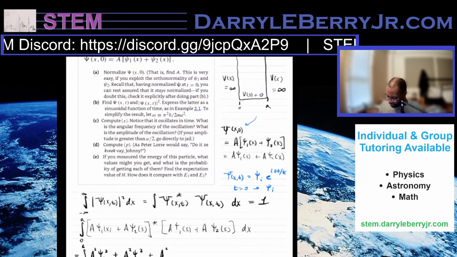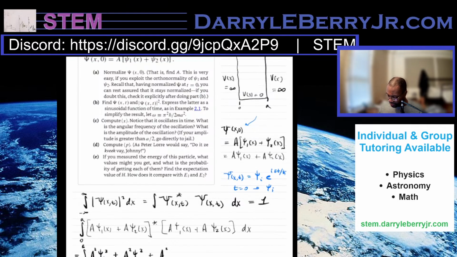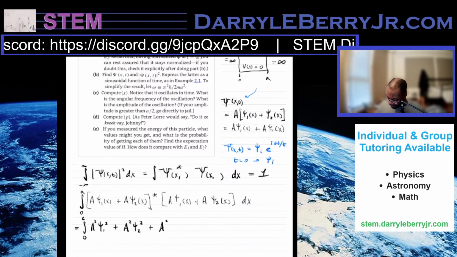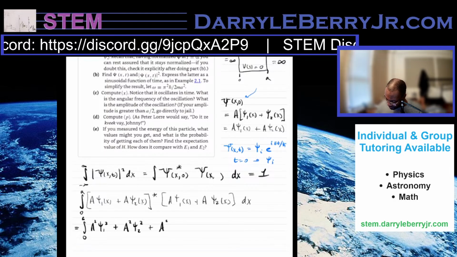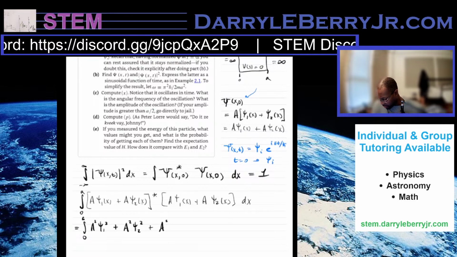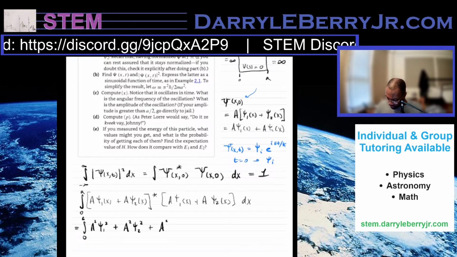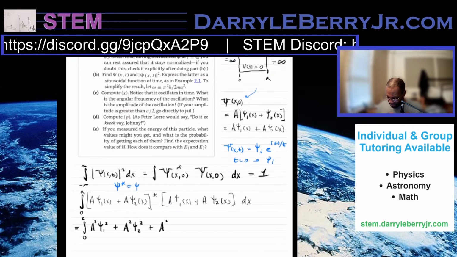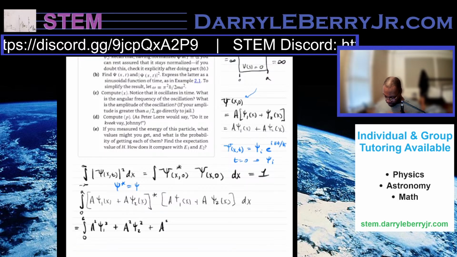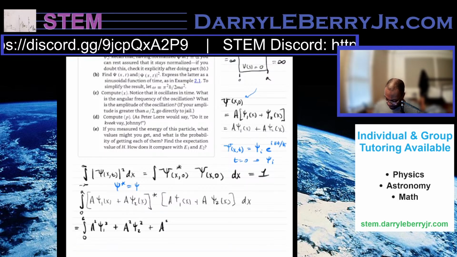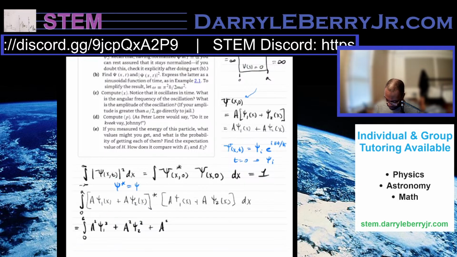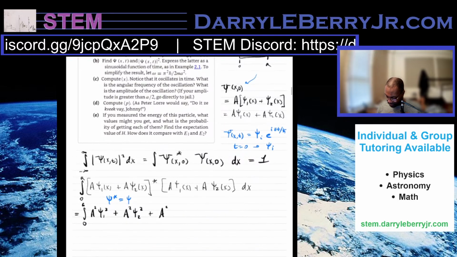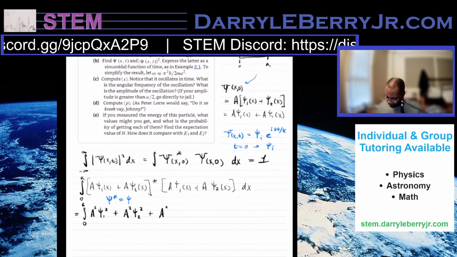And they gave us the equation of the initial state when t is 0, which makes the imaginary part go away. Therefore, maybe I can make it more explicit here by putting the zeros there. So the imaginary part goes away. When the imaginary part goes away, then psi star equals psi. And thus I could just go ahead and put this in there with no star on it. And maybe I should put this on this line. And thus I could just square it because psi star equals psi because there's no imaginary part.